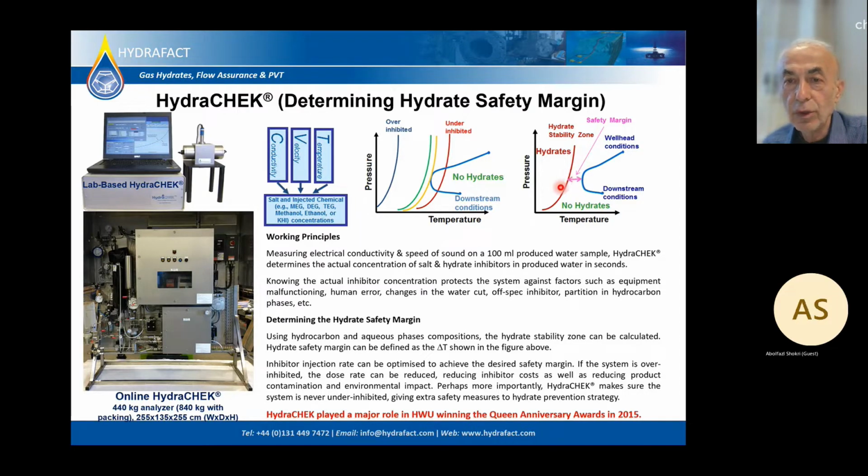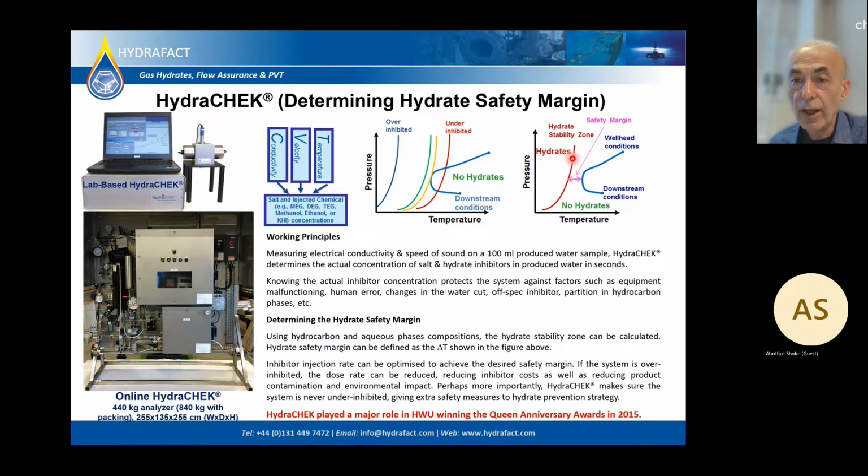But the water composition, the aqueous phase composition, can change in very short notice. For example, injecting too much inhibitor or too little inhibitor, or breakthrough of the formation water, can change the property of the aqueous phase very suddenly.